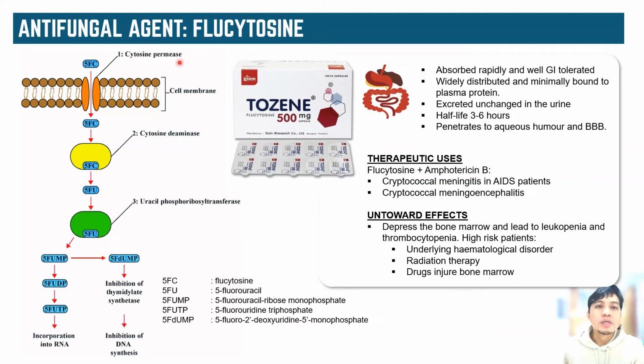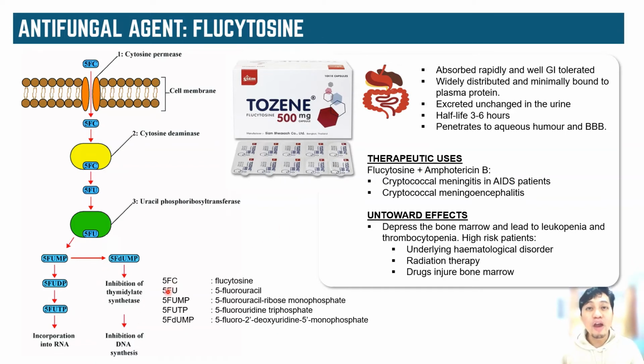Flucytosine is another antifungal agent that works at the nucleus level. Flucytosine must enter the fungal cells through cytosine permease to be converted into 5-fluorouracil and then to other active metabolites that inhibit fungal RNA synthesis as well as fungal DNA synthesis.